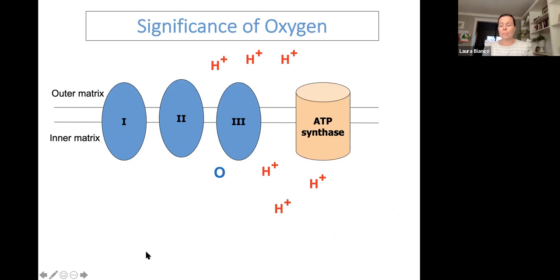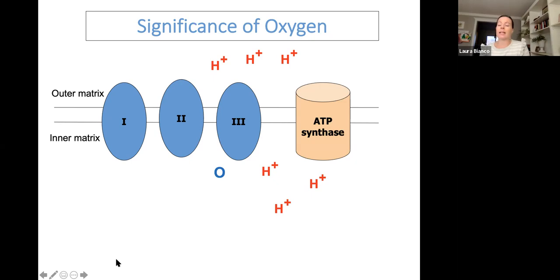So one more thing to mention here, and then I'm going to stop the recording, is the significance of having oxygen present within the mitochondria. You definitely have to have oxygen present for this process to occur.